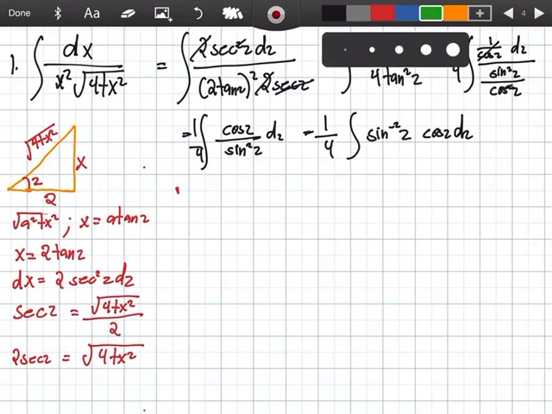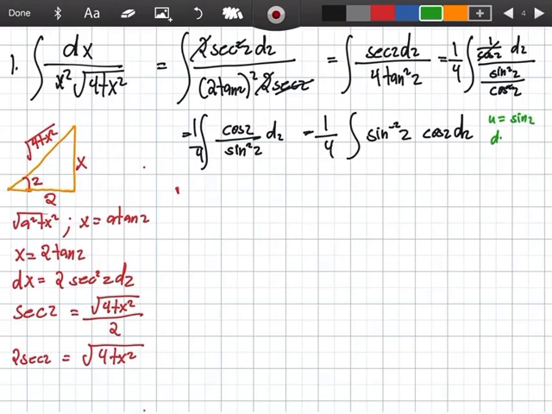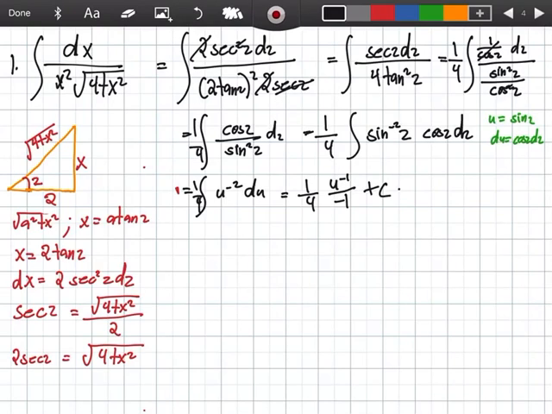By substitution, let u be sine z and du be cosine z dz, so 1/4 the integral of u raised to negative 2 du, which is equal to 1/4 times u to the negative 2 plus 1, negative 1, over negative 1, plus c, which is equal to 1/4 sine z raised to negative 1, with a negative, plus c.